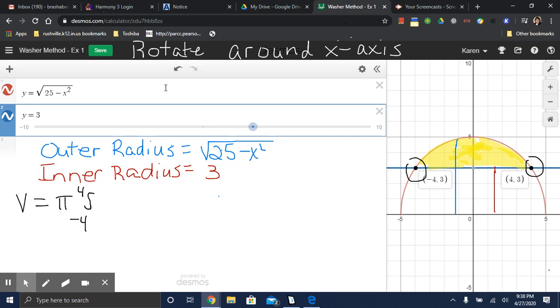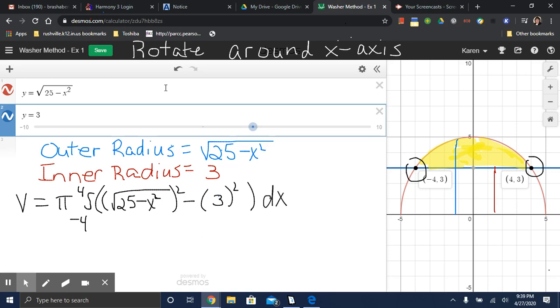And we'll take that outer radius, the square root of 25 minus x squared, and remember to square that. Then we'll subtract from that the inner radius. Remember to square that. And then you get the height by using dx, where we make that infinitely small.